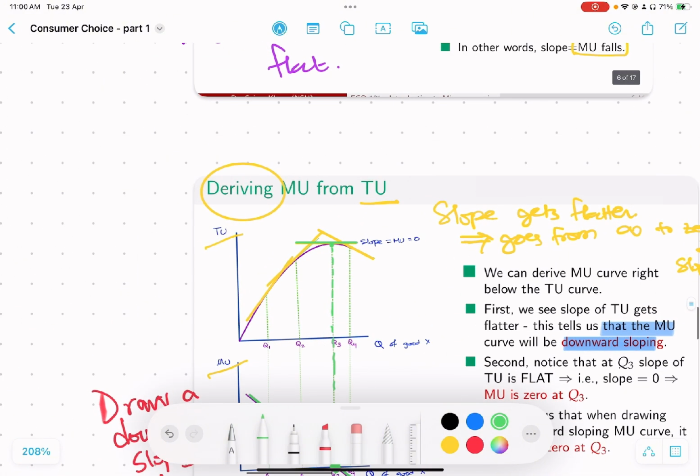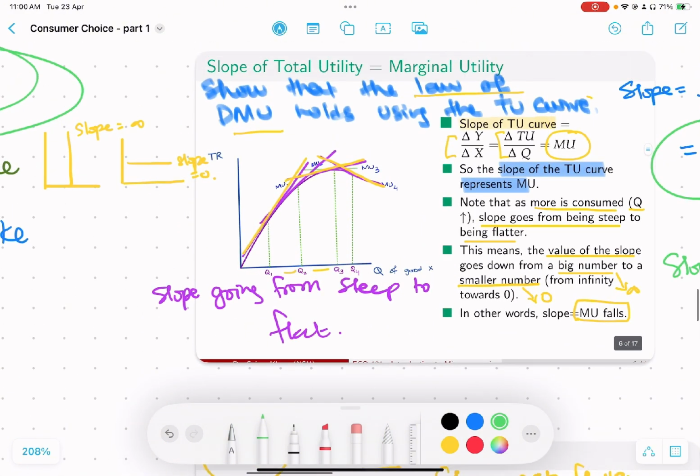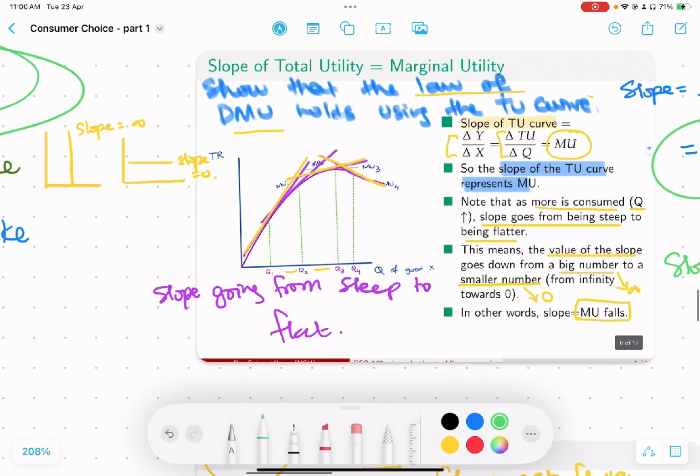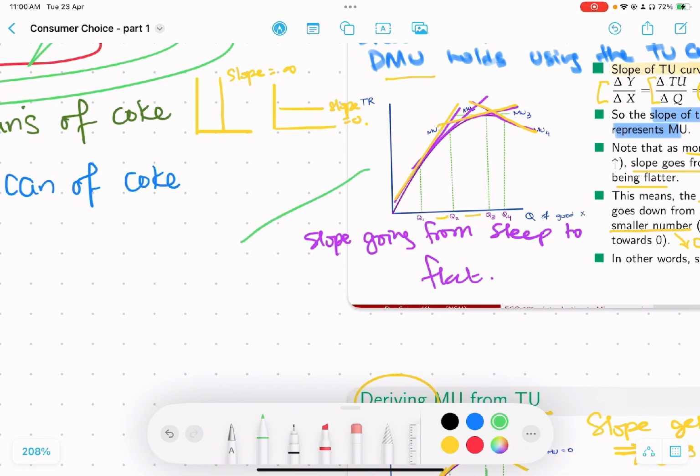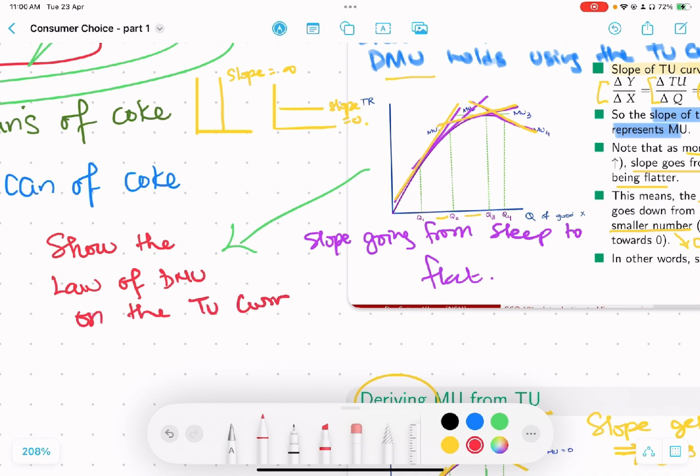So really, I've just shown you two different approaches to answering the same question. Here, the question is something along the lines of, show the law of diminishing marginal utility on the TU curve, right?